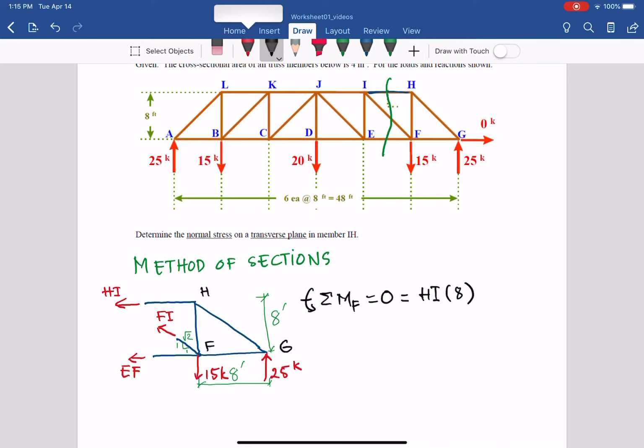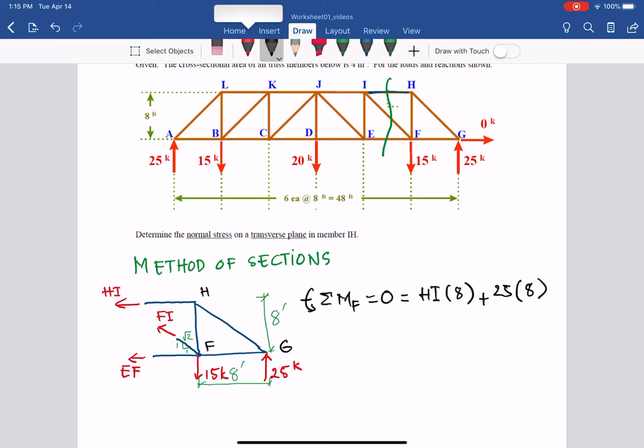The 15 kips goes through F so it generates no moment, and the only other one is 25 kips, which is counterclockwise about F, so it's positive 25 times 8.